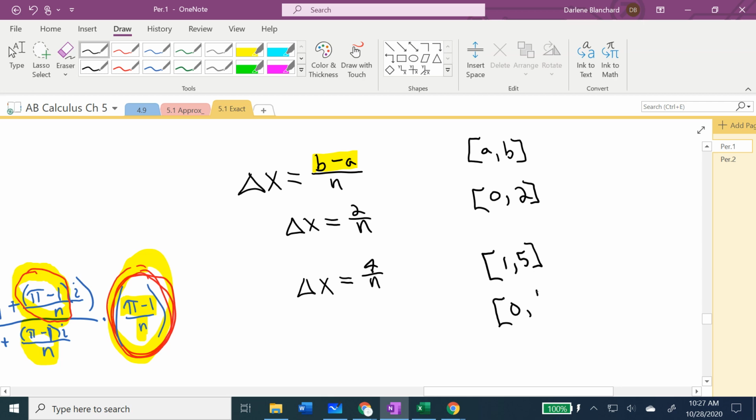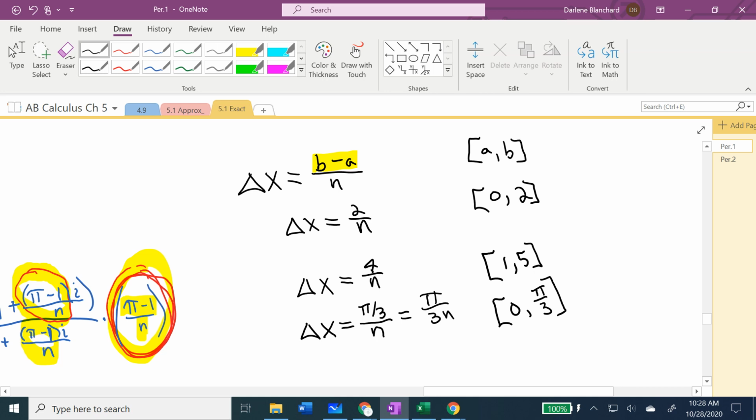Oh, let's go 0 to pi over 3. In that case, my b minus a is pi over 3, and then that is divided by n. But no one's going to write a fraction in a fraction, right? So they're probably going to write it as pi divided by 3n.